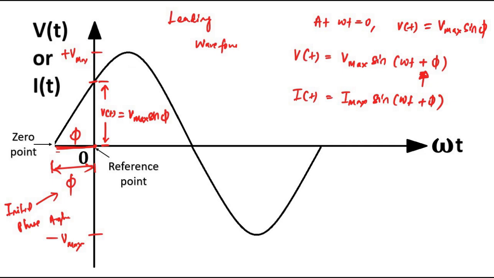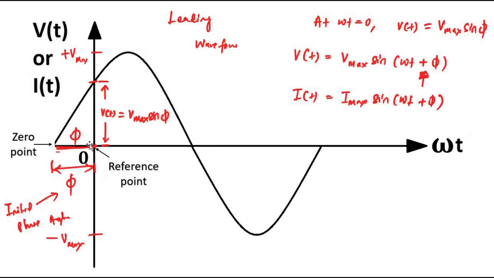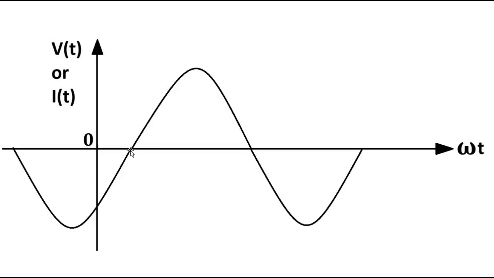So we have a waveform which is starting a little bit behind 0, to the left of 0. Now consider the other waveform, which starts from a little bit to the right side of the origin.